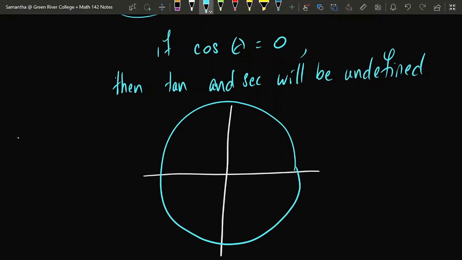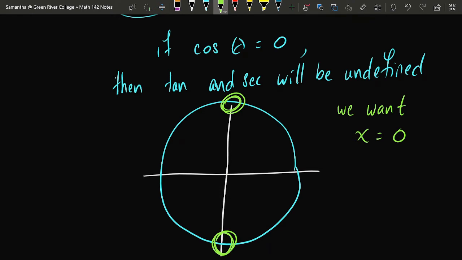If we want cosine to equal 0, that means that we want the x-coordinate on the unit circle to equal 0. And there are 2 locations on the unit circle where you have not moved any to the left or to the right, where you're right in the center, and that's this location and this location.